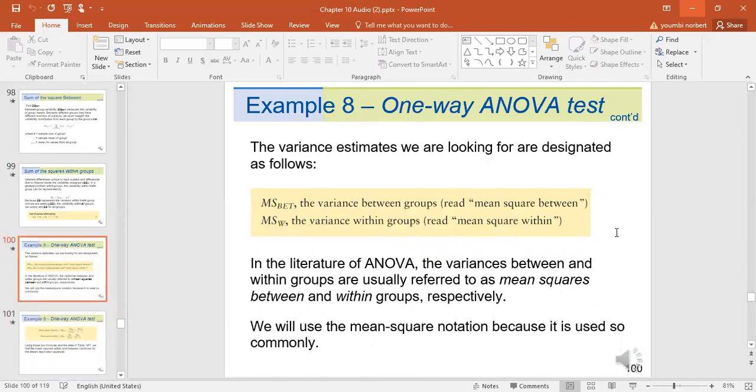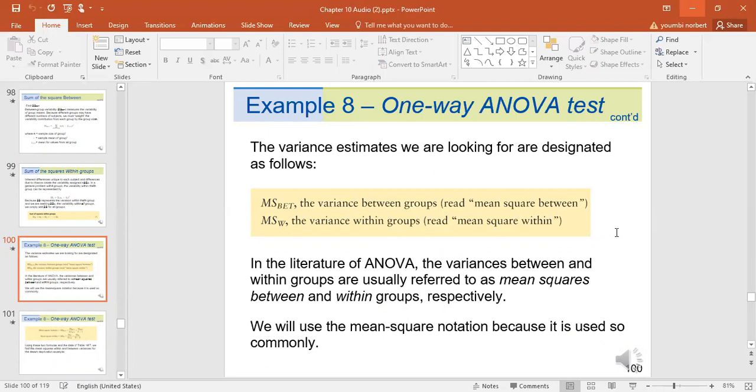Then we are going to take the mean of the sum of the square between, that is dividing it by what we call the degrees of freedom of the numerator, and the mean sum of the square within. That is what we are using for ANOVA.